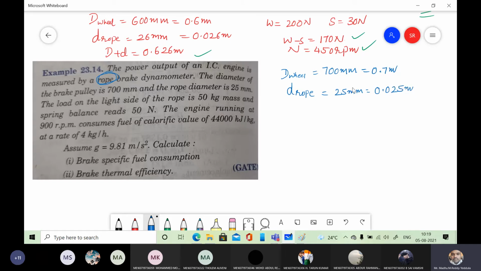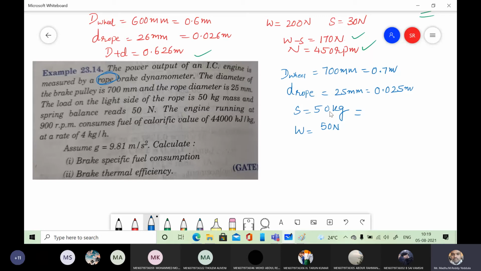The load on the light side of the rope, so tension side, slack side. Light side is nothing but slack side. It is 50 kg, and the spring balance reads 50 Newton. 50 kg is how many Newton? Multiply by 9.8.